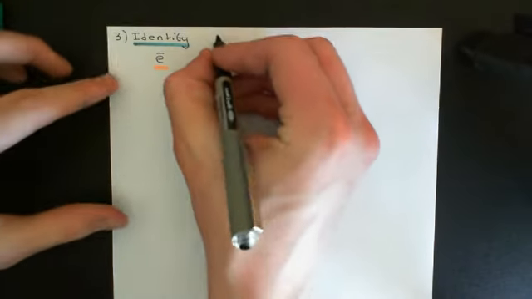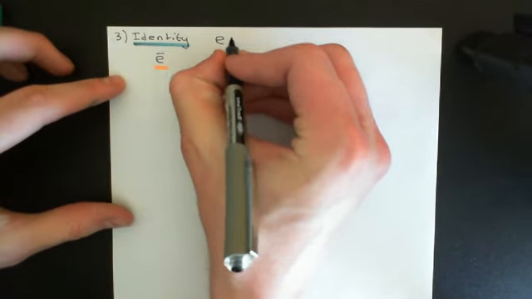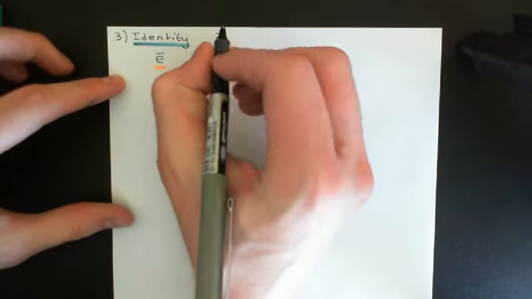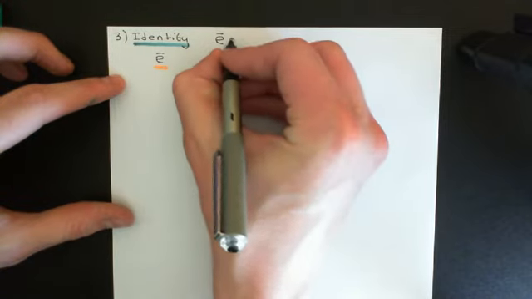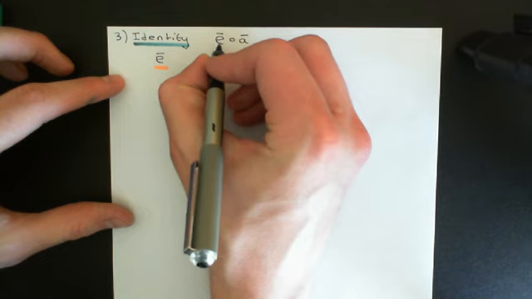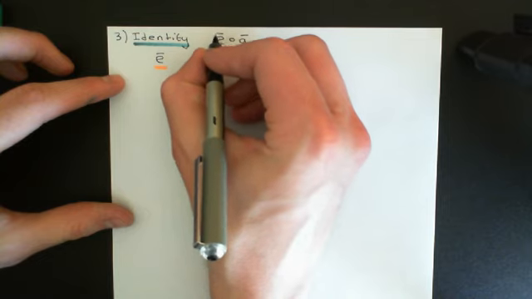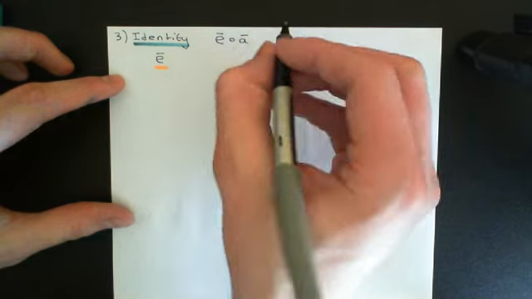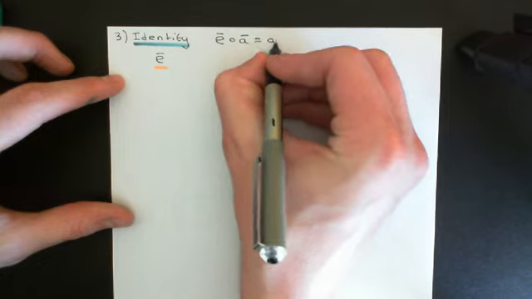Now how can I show this? Well, what I need to show is that if I take any arbitrary element from my quotient group, so let's say A bar, and I multiply it on the left with this coset containing the identity E bar, I will end up with A bar back again.